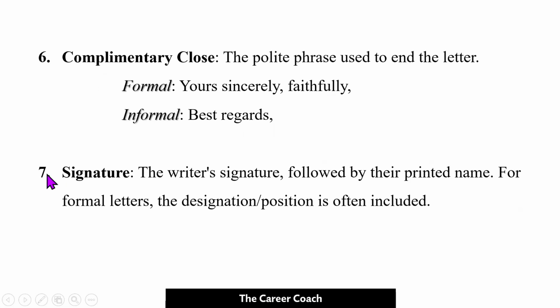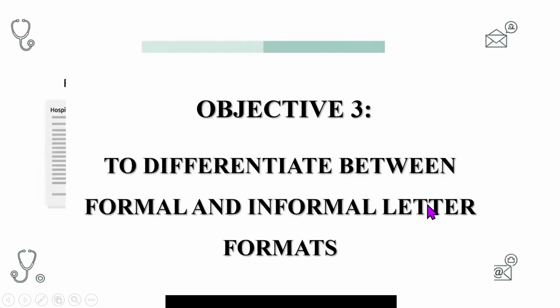The next component is the signature. The writer's signature is written, followed by their printed name. For formal letters, the designation or position is often included. So if it's a formal letter, the position of the writer is usually included.